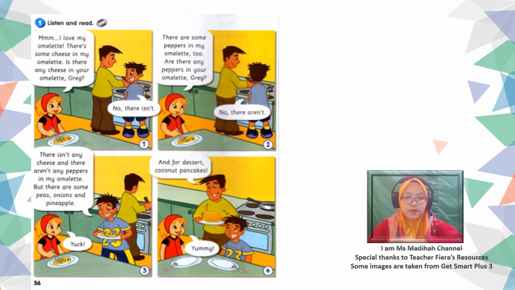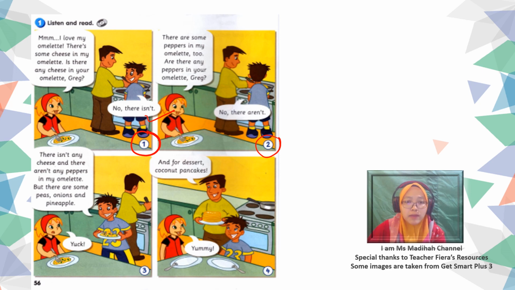So let us read this. I love my omelette. There's some cheese in my omelette. Is there any cheese in your omelette, Greg? No, there isn't. There are some peppers in my omelette too.